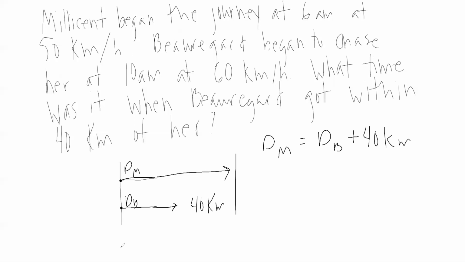All right? And I know that rate times time equals distance. Okay, so I'm going to set that up and fill in what I know. The rate of Millicent was 50 kilometers per hour. And the rate of Beauregard was 60 kilometers per hour.